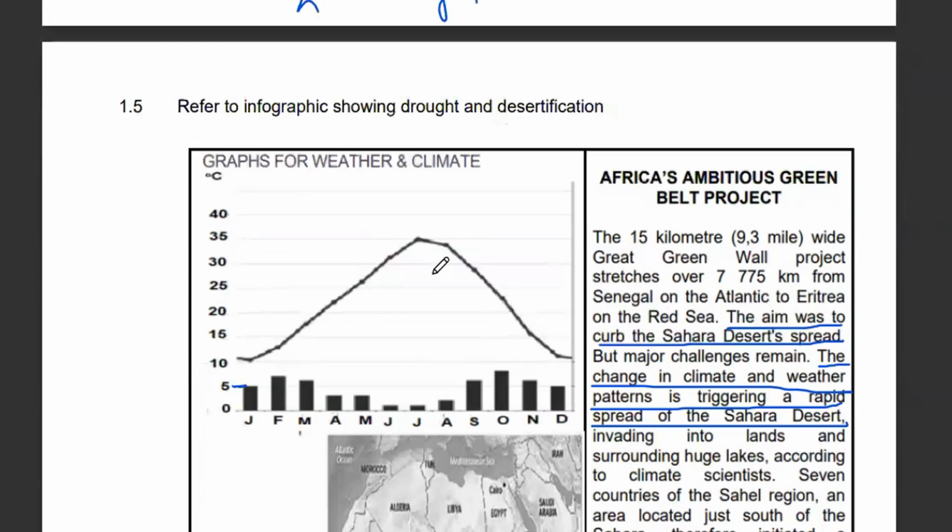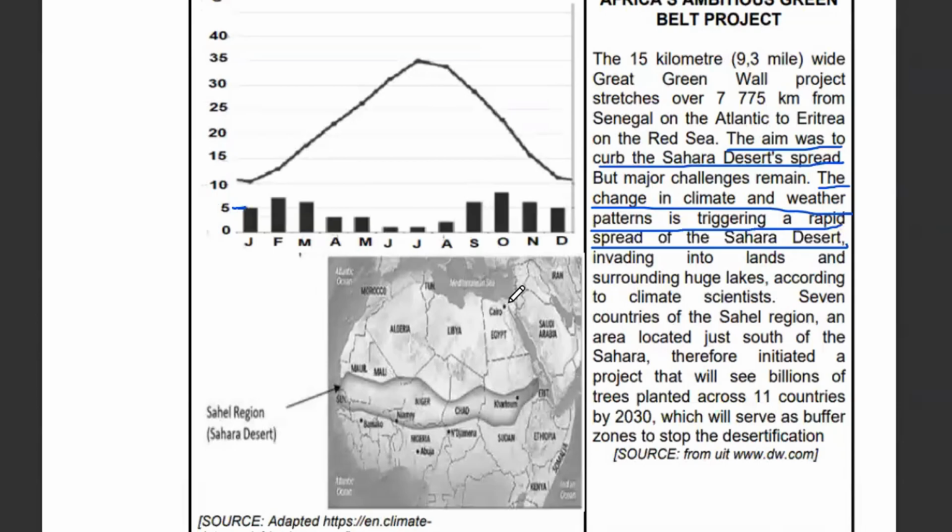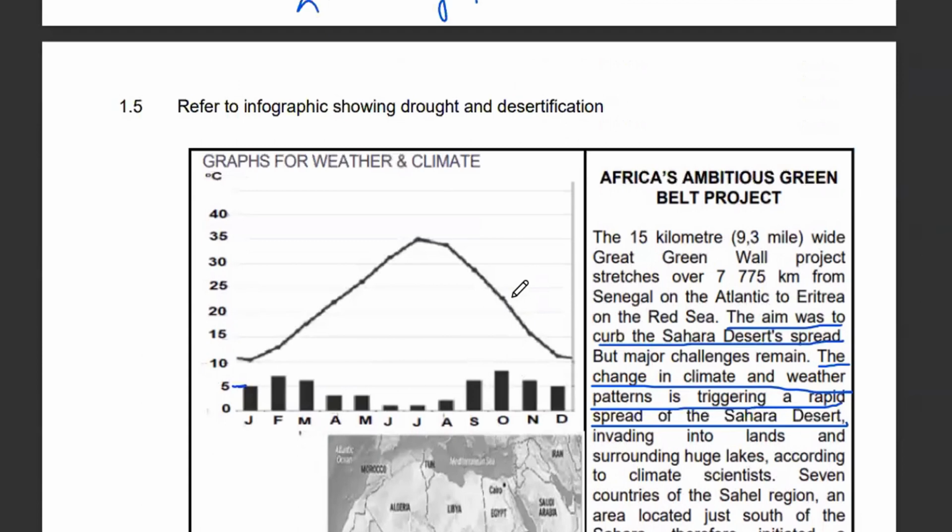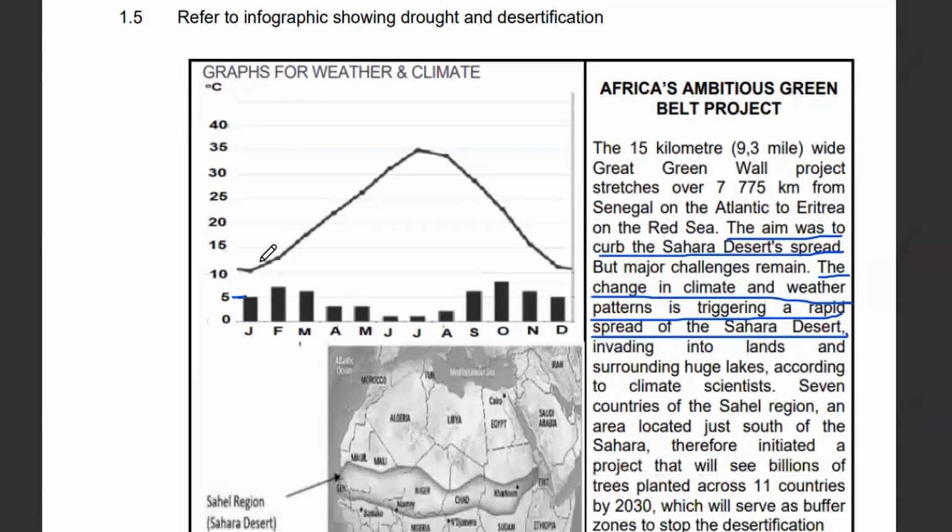Right. Then this is the graph for weather and climate. And if we try to check and analyze there, the graph is showing us two extreme sides of temperature and rainfall. So our graph for temperature is the one which is graphs for weather and climate showing desertification.